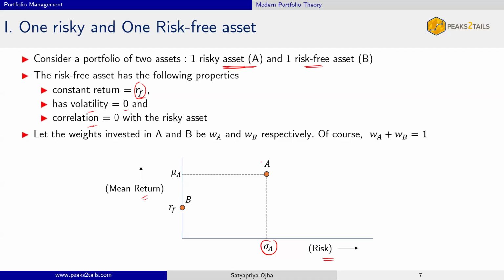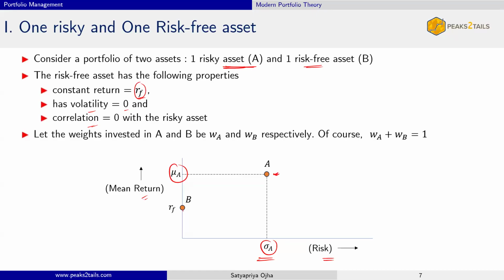So the two assets that I have in my portfolio belong in this plane. Please remember, when you say just return, it is confusing because return is random. When you say mean return, it makes sense. It's one statistic, right?